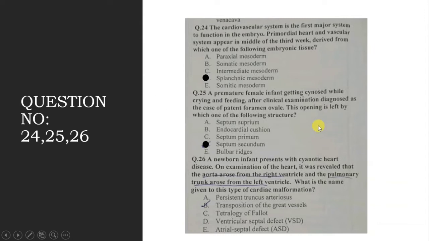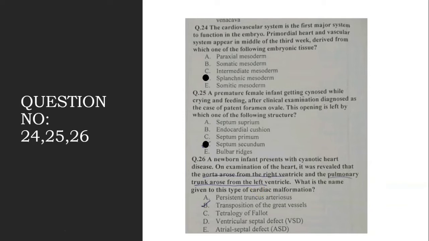So this is going to be the septum secundum, because the foramen ovale is an opening between the right atrium and the left atrium, so that there is a shunting of the blood from the left atrium into the right atrium due to the pressure gradient. In patent foramen ovale, the septum secundum fails to fuse with the septum primum, causing a gap which is called the foramen ovale.